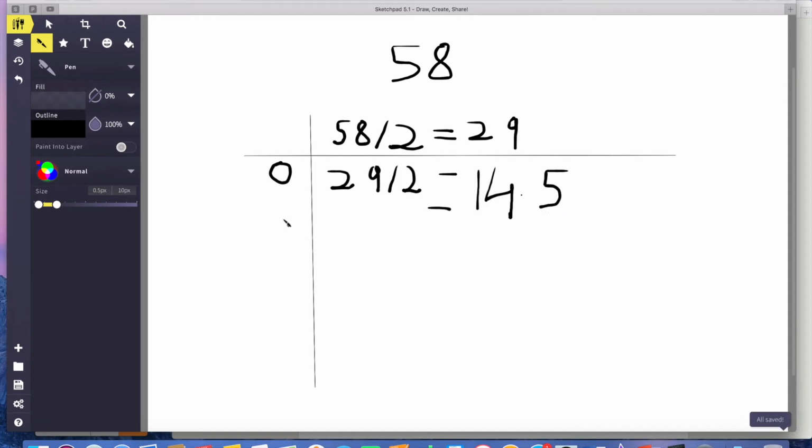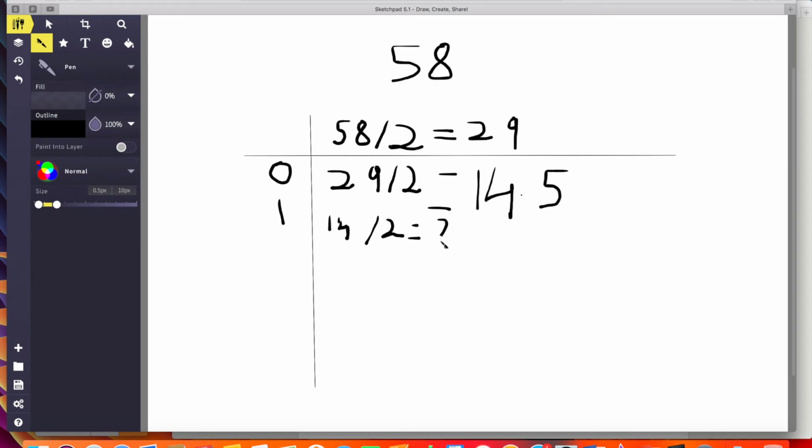Because there's a decimal, I cut the 0.5 and put 1. Now I have 14, which divided by 2 gives 7. I get the answer 7, and now I put 0, because it has no remainder.